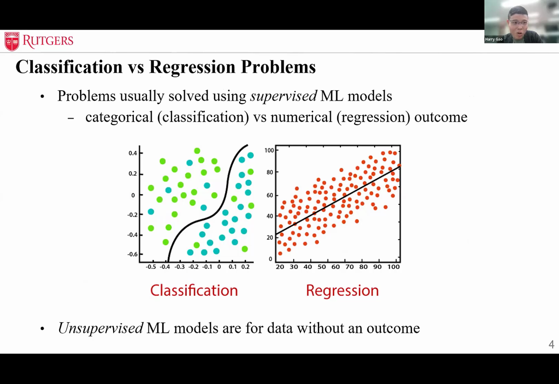Basically the tasks: what machine learning can be used to help us do. Here I present some very simple tasks that machine learning can help us accomplish: classification and regression. On the left-hand side, classification, we have different dots, and the different colors are the outcomes, and X and Y are their input values.